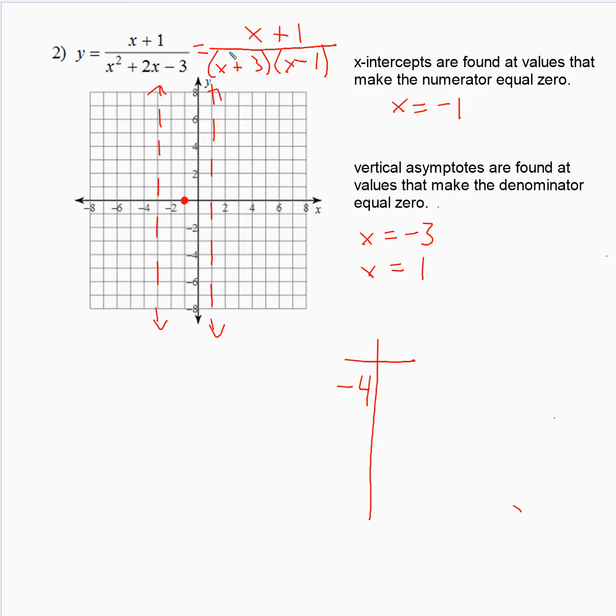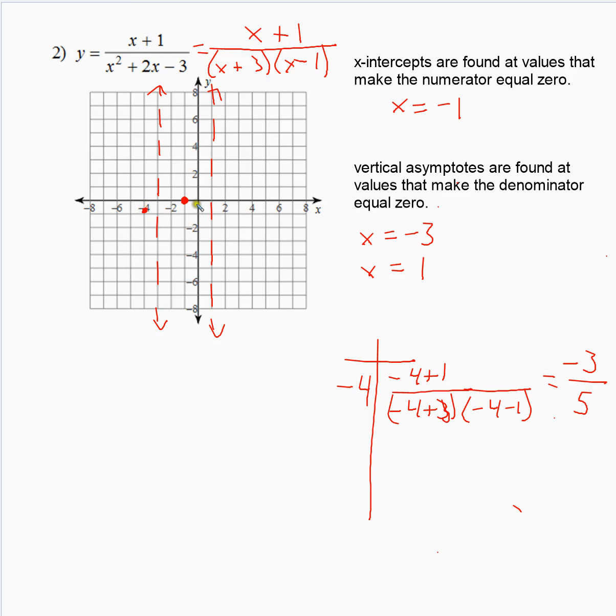I'm going to plug it into the second one, so negative 4 plus 1 over negative 4 plus 3 times negative 4 minus 1. That gives us a negative 3 on top. This is a negative 1 times a negative 5, which gives us a positive 5. So when x is negative 4, y is negative 3/5.